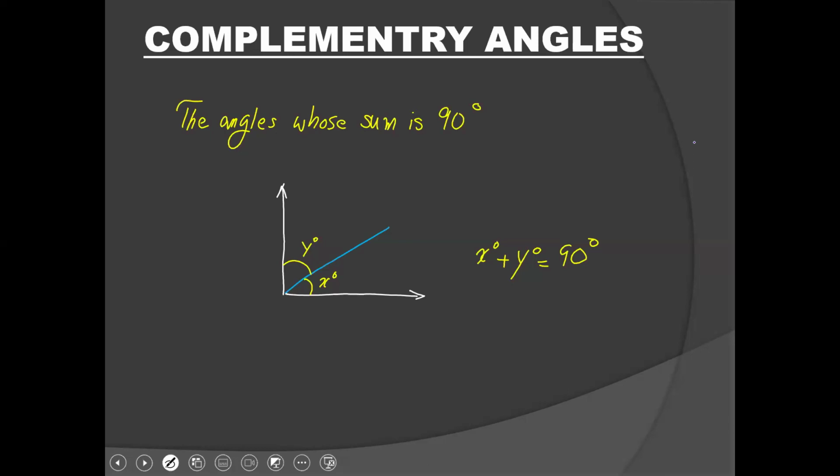The angles whose sum is 90 degrees. Now you have to copy this property.